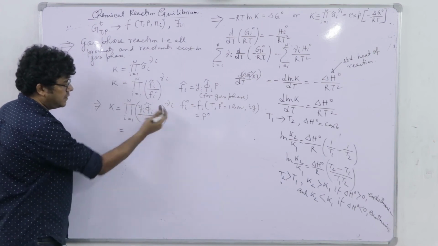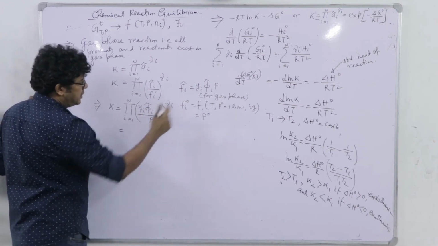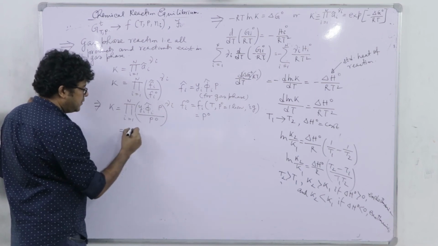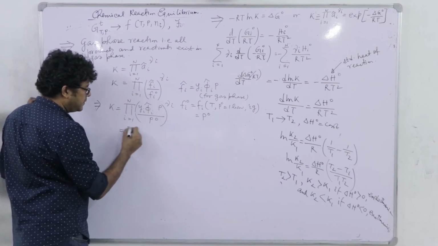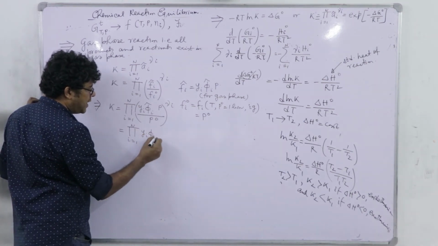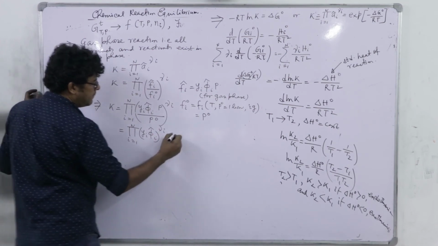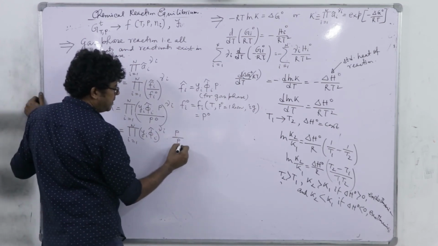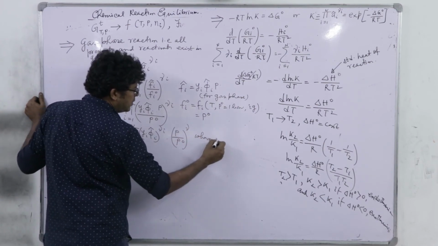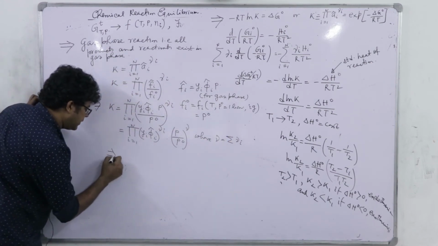Now, in the successive product, for the P by P naught term to the power nu_i, the exponents will be added, leaving y_i times phi_i cap separate. So we can write it as the product over i equal to 1 to n of (y_i phi_i cap) to the power nu_i, times (P by P naught) to the power nu, where nu is the sum of nu_i.